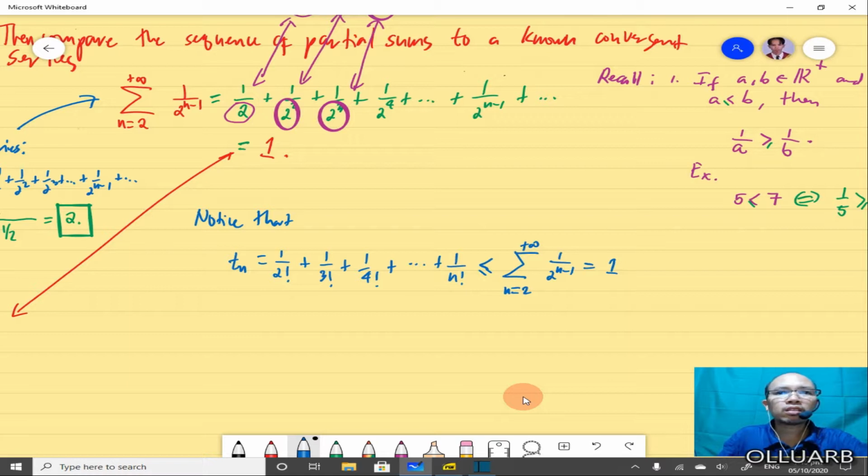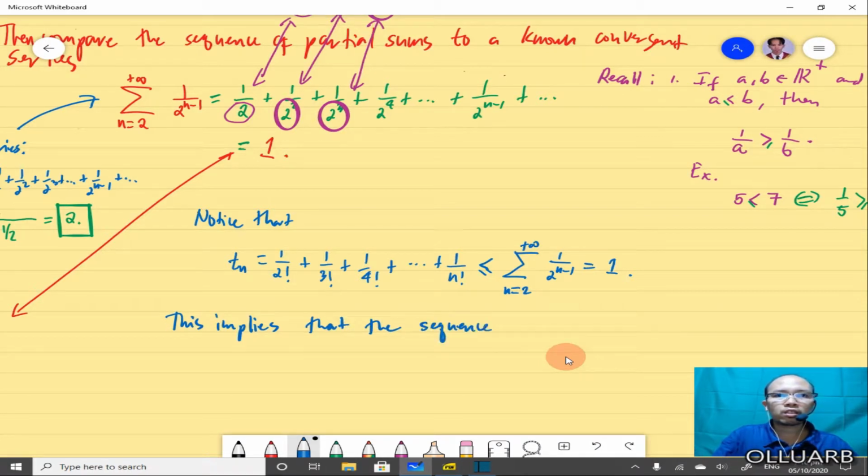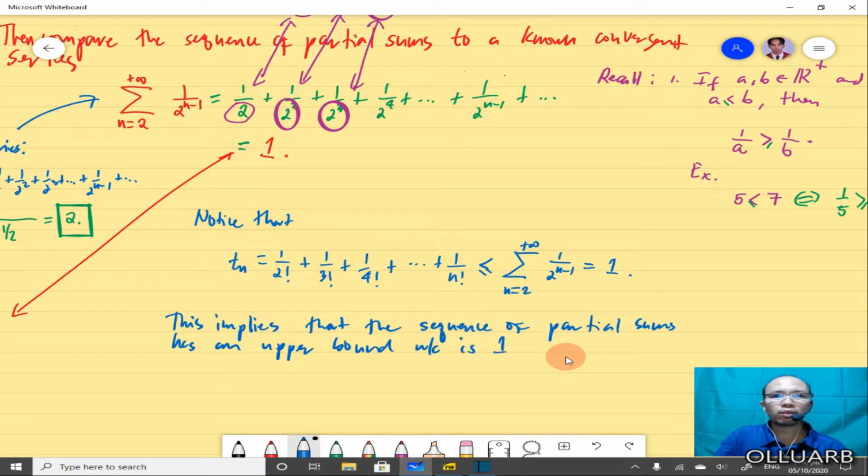Okay, so this implies that the sequence of partial sums has an upper bound which is 1.